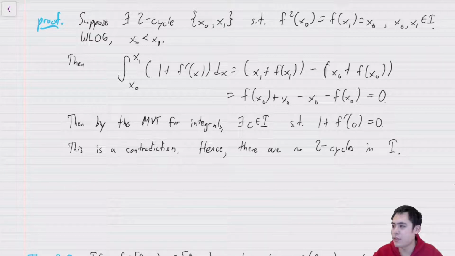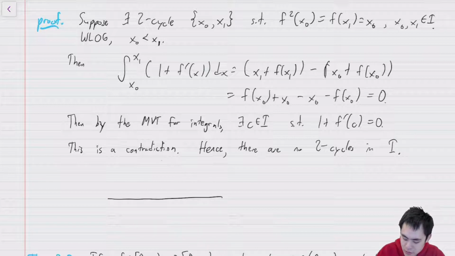Let's draw a little bit pictorially just so that we have a good sense of what this proof means intuitively. So we have some function between some x naught and some x1, and it does something or another.